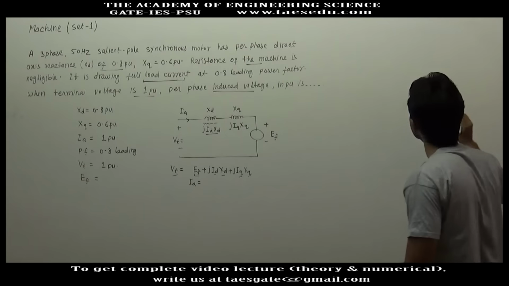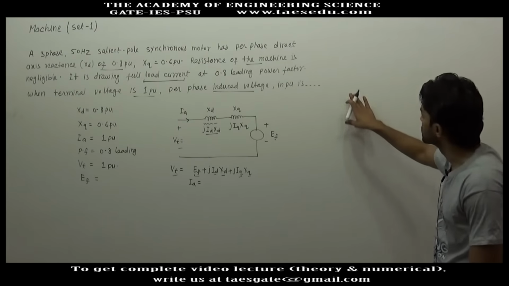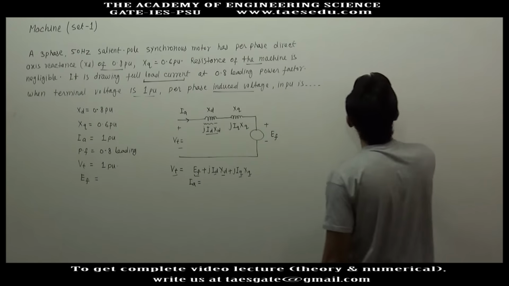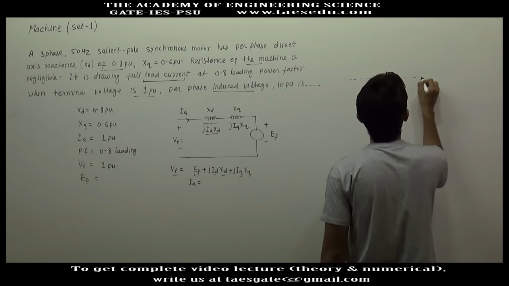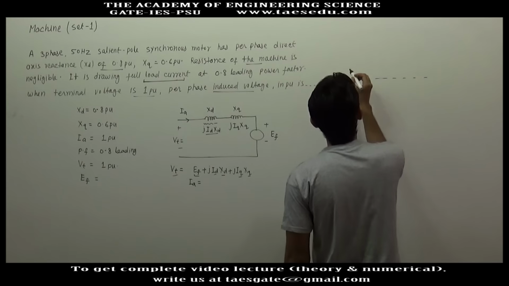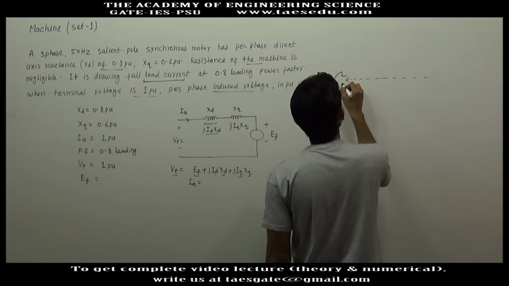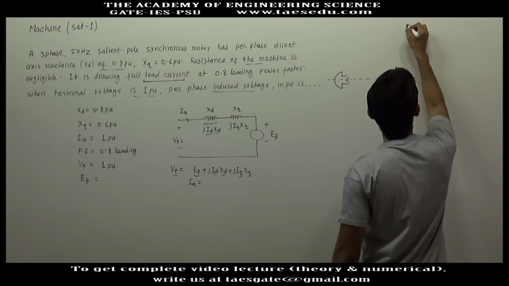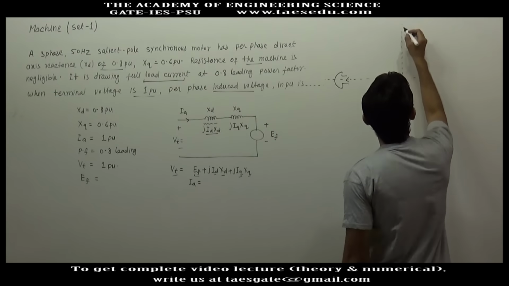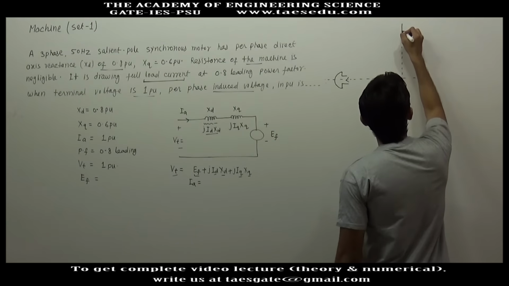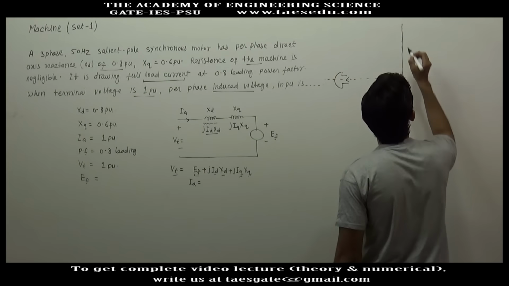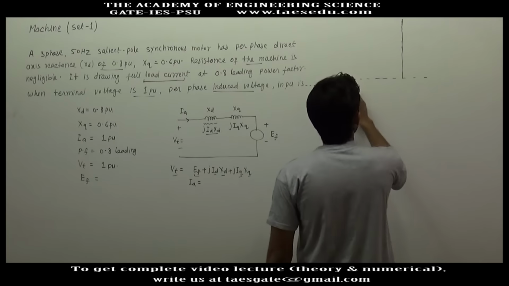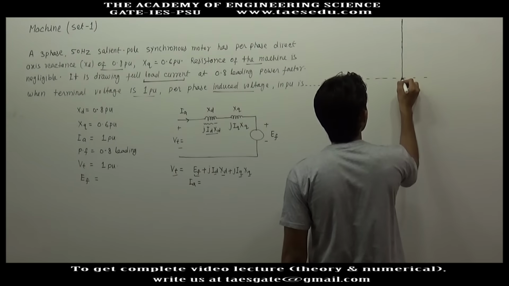So first in the phasor diagram, we will show the direct axis. Let's say this is the direct axis, and let's say this is the direction of EF. Since this is direct axis, Id will be in this direction.